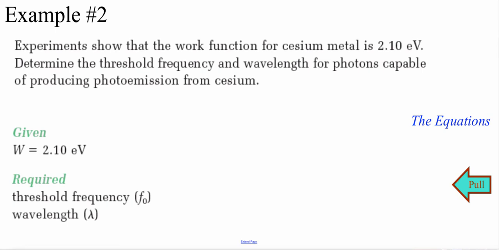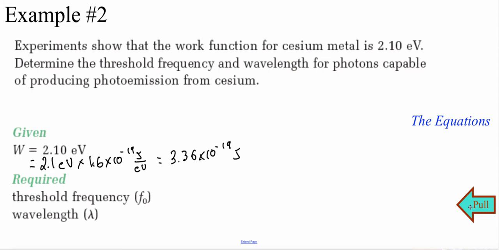To start off, my work is in electron volts, and we have to convert that to joules. So I'm going to take 2.1 electron volts and multiply that by 1.6 times 10 to the negative 19 joules per electron volt, which will give me a total of 3.36 times 10 to the negative 19 joules.